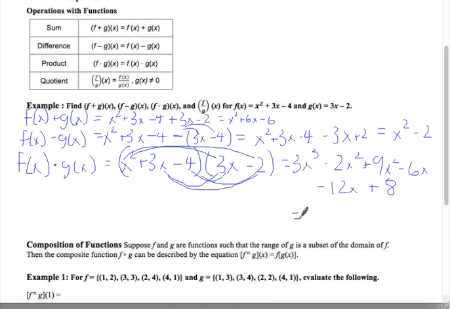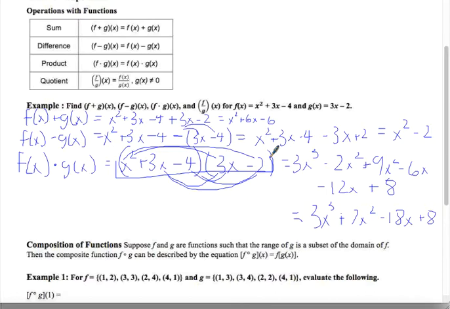And then when we combine all the like terms, we get 3x cubed plus 7x squared minus 18x plus 8. This would still be technically correct if I left it as the product, but it did specify to multiply the two functions out, so it never hurts to expand it.